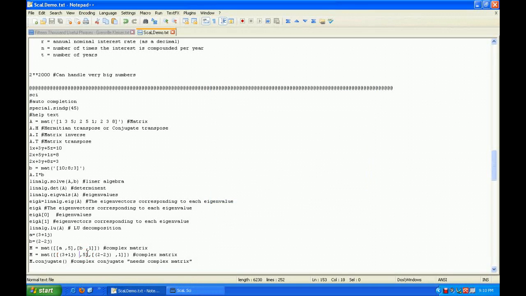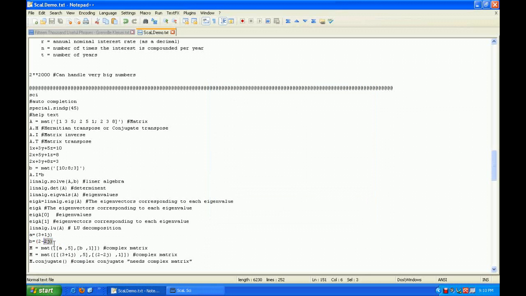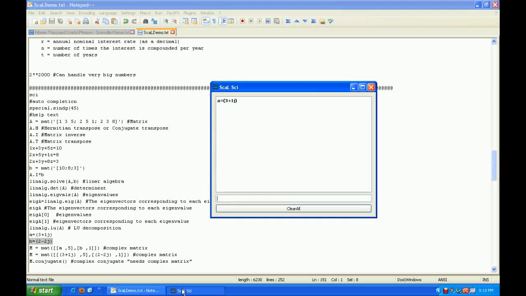Now this is the second way we can create a matrix. We can either use variables or provide values directly.